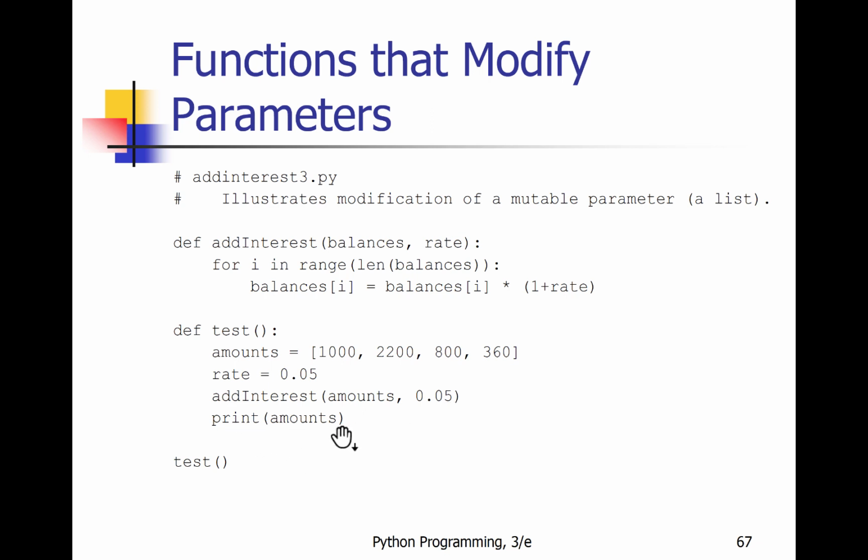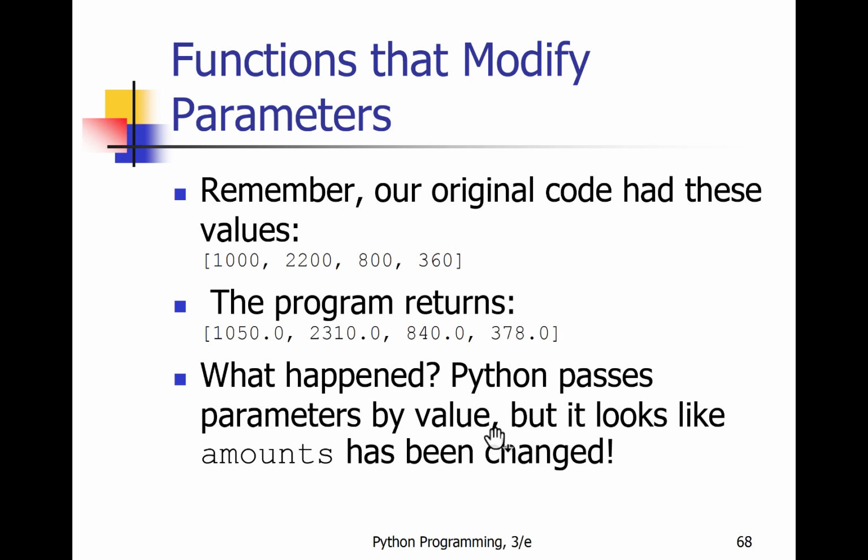So this is the calling code. We're actually going to see that the values in the list are going to be swapped out with higher values. Let's go look. Our original code had these values. The program returns 105% of the values. What happened? Python passes parameters by value, but it looks like amounts has been changed.